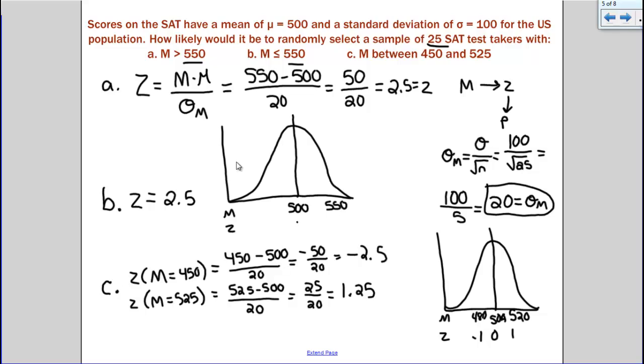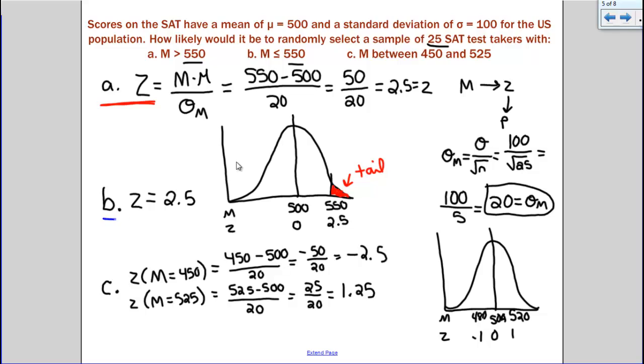And remember, the z-score for our population mean is always 0. And we found our z-score for a sample mean of 550 to be 2.5. So for part A, we're looking at greater than 550. So we're looking at a tail.